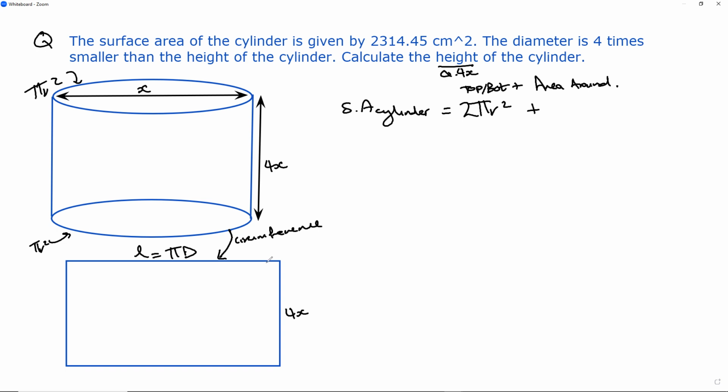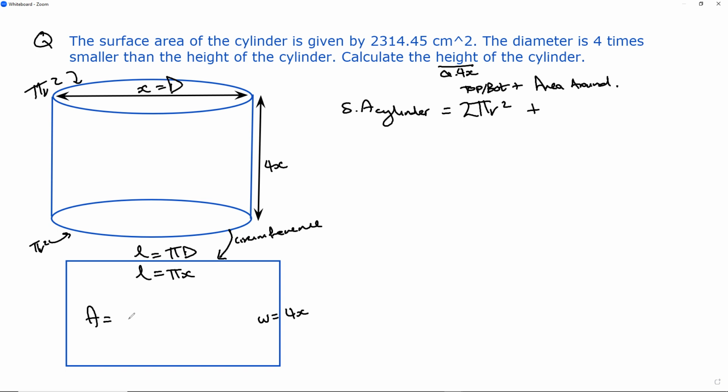My circumference unravels into my length because if I bring these two sides together, it will form my cylinder. Now my diameter is x, that is d. So that means the length will be given by pi times x, or pi x. And the width will be given by 4x.